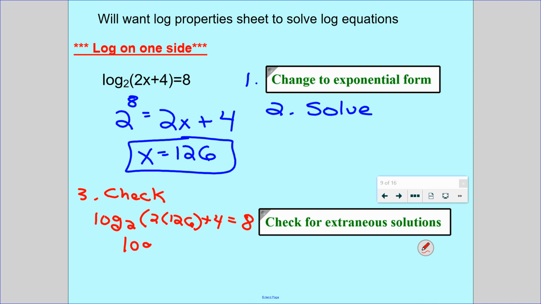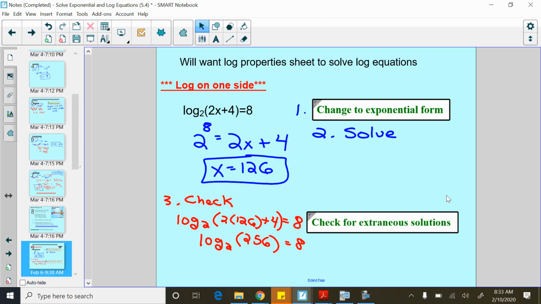So we have a log with a base 2, and what we have inside the parentheses is 2 times 126 added with 4, which ends up being 256 inside of the parentheses. Now you can plug this into your calculator to see if the log base 2 of 256 is actually equal to 8.